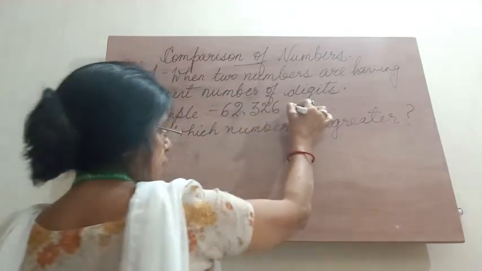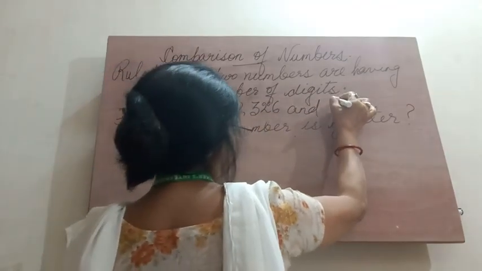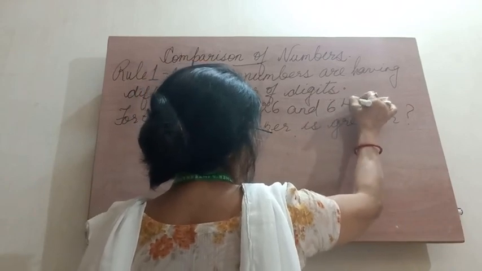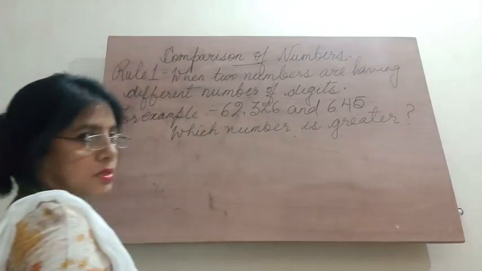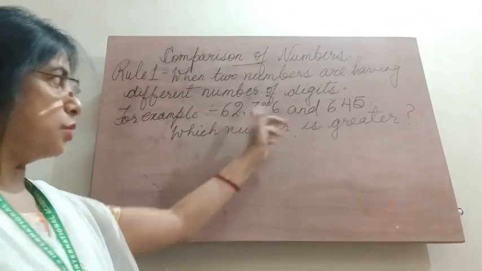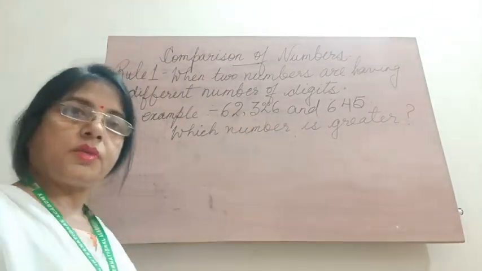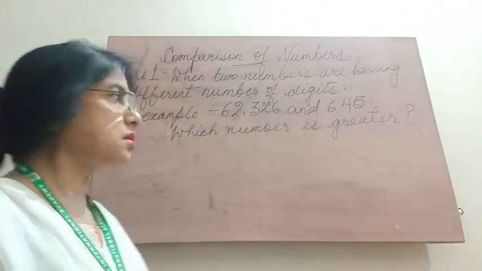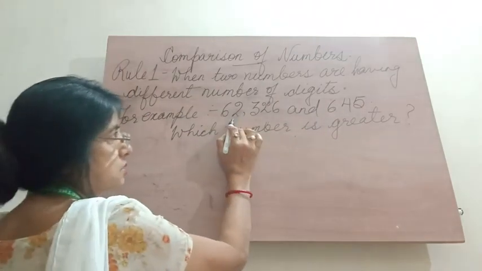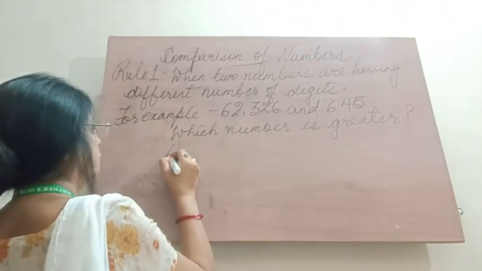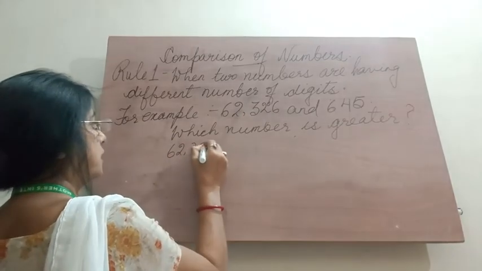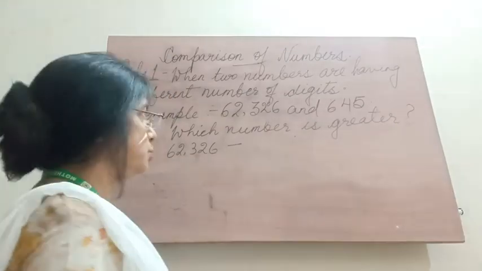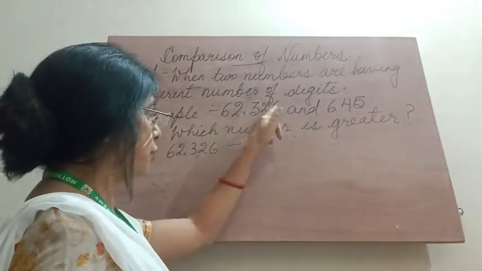The first number is 62,326, and one more number I am giving you is 645. Out of these two numbers, which number is greater? According to the rule, you have to count the digits. In 62,326, count with me: 1, 2, 3, 4 and 5.